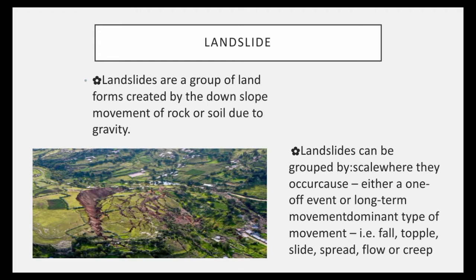So, hindi naman bago sa atin to dahil alam na natin and most common na pangyayari na palaging nangyayari dito sa ating bansa at hindi lang ito, kundi pati sa ibang bansa. So, what is landslide? Landslide are a group of landforms created by the downslope movement of rock or soil due to gravity.